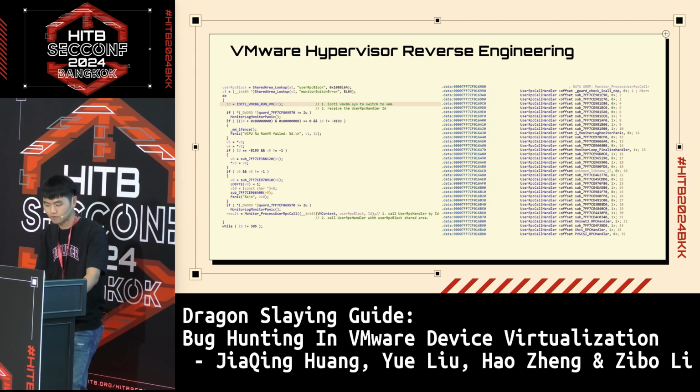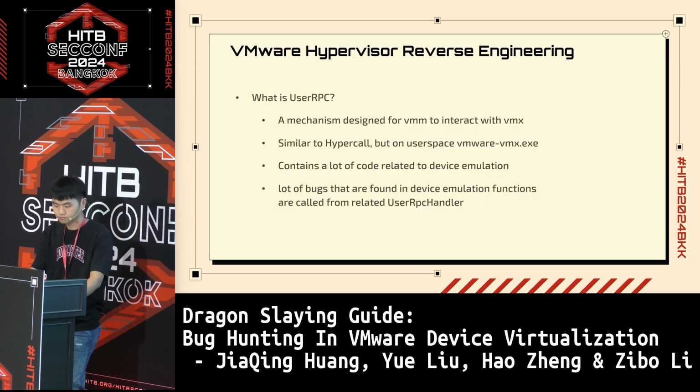You can see that VMX uses the IOCTL run VM to switch into the virtual machine, and blocks until the virtual machine exits to the host. VMX will get the return code and call the corresponding user RPC handler to handle the virtual machine request. What is the user RPC?